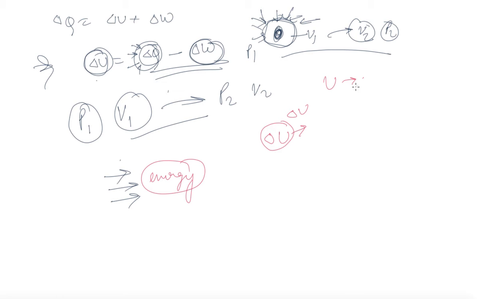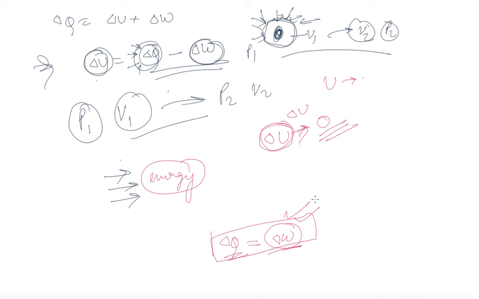U is internal energy, but del U is the change in internal energy. If there is no change in internal energy, say del U is 0, then what we can understand is that all the energy that has been supplied is directly equal to the work done. So this is what we can understand from this particular equation.